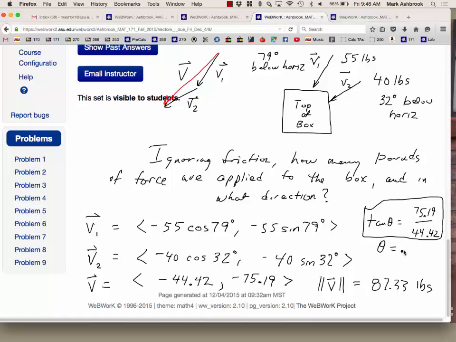Does someone else get that? 59.43 degrees, which makes sense because it's going to be in between, right? The angle that we're pushing at is going to be in between the 32 and the 79, and that's what we got, 59.43. Again, below horizontal. Or if it was using north, south, east, and west, it'd be south of west.